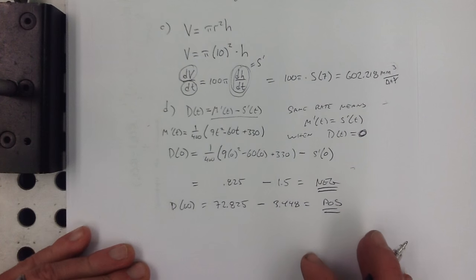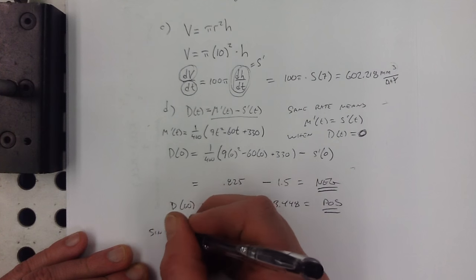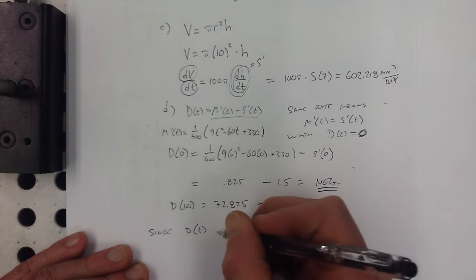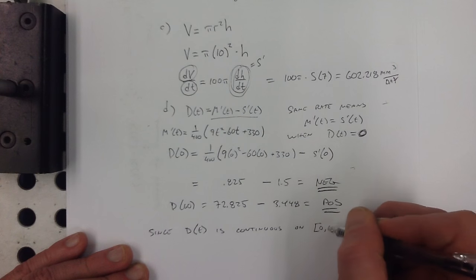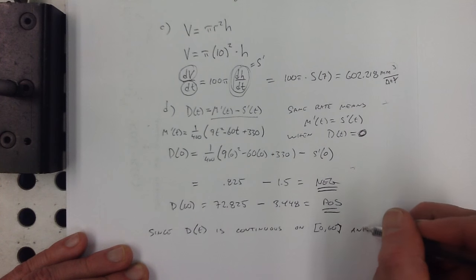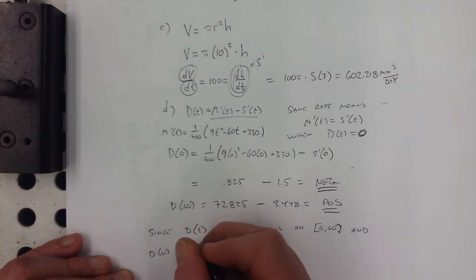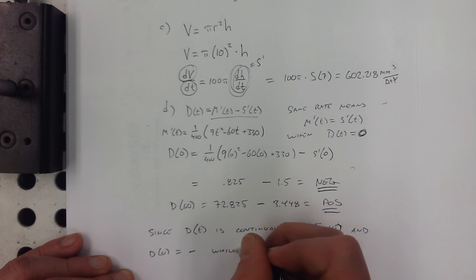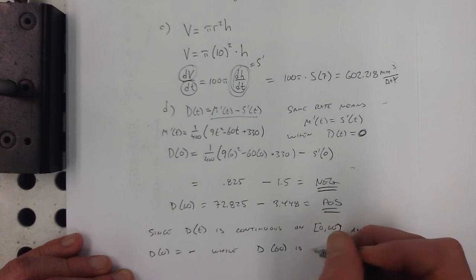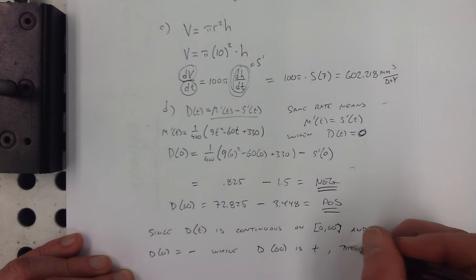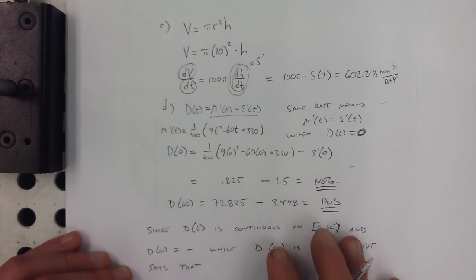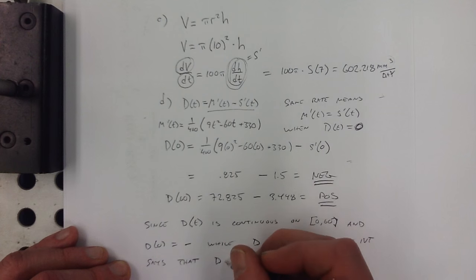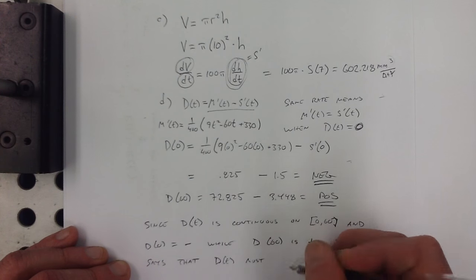So this is the last line to get all the points here. We need to say, since d of t is continuous on the interval from 0 to 60, and d of 0 is negative, while d of 60 is positive, the intermediate value theorem says that d of t must be 0, right?